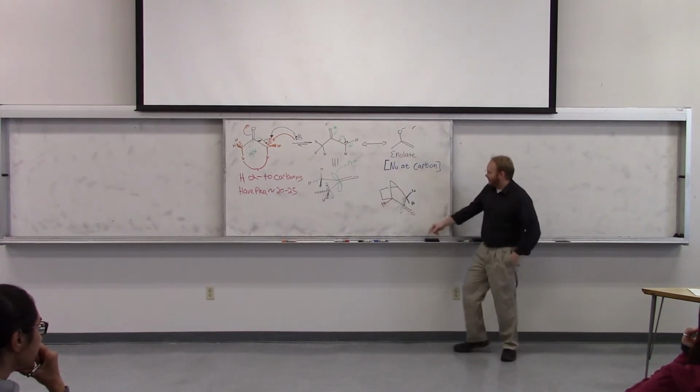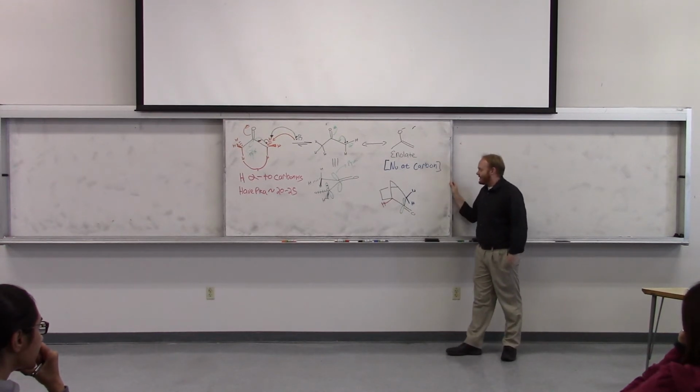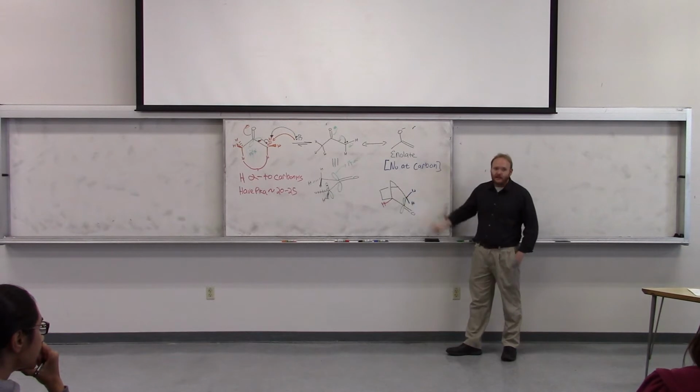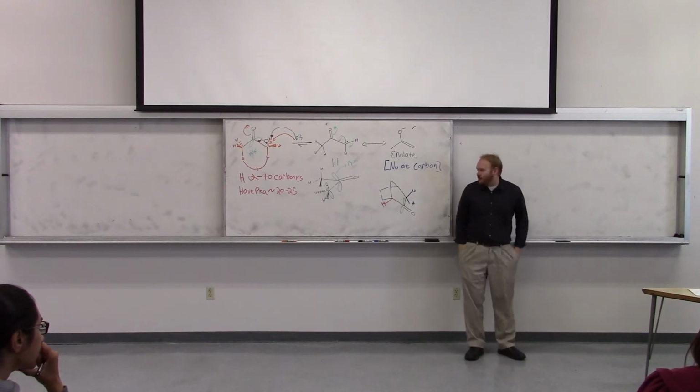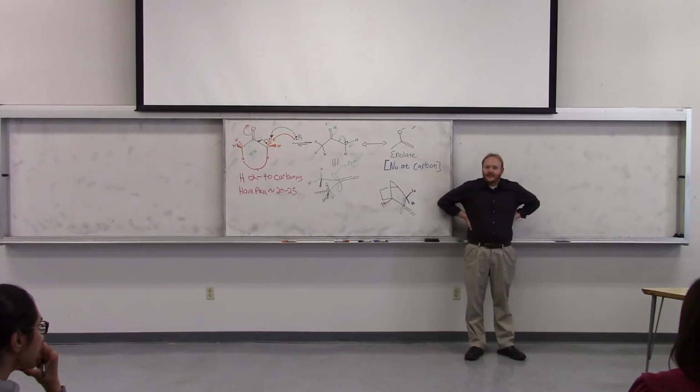So first off, it would be fair for me to ask you how to make this molecule, because it's all chemistry that you have already learned in 232 and 432. Does anyone want to throw out a brief proposal of how to make a molecule like this?